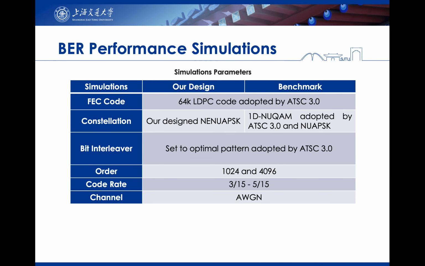The fourth part, simulation results. In the simulation, we choose LDPC with a length of 64,800 and test constellations with the order of 1,024 and 4,096 at code rates of 3/15, 4/15, and 5/15.